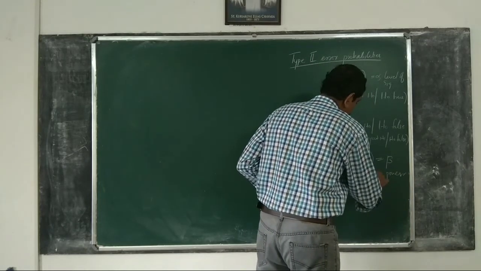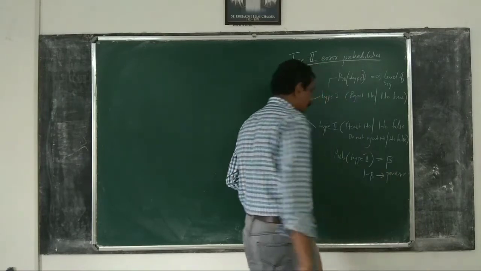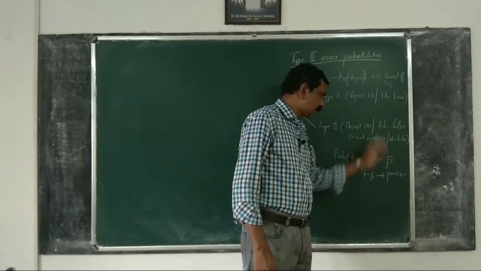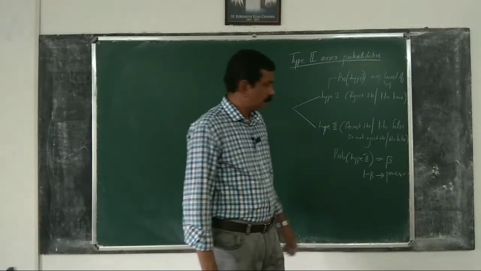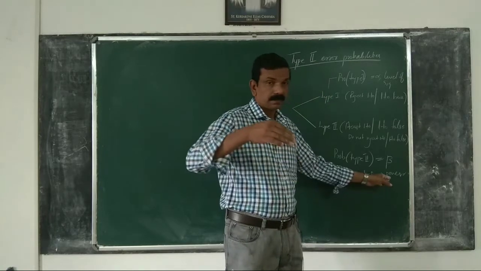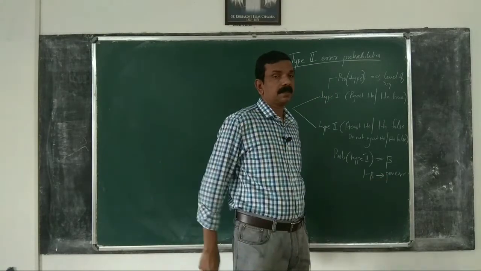Beta is the probability of accepting a false hypothesis, and 1 minus beta is the probability of not accepting a false hypothesis.